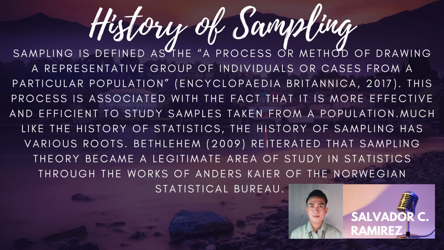According to Bethlehem, sampling theory became a legitimate area of study in statistics through the works of Anders Kiaer of the Norwegian Statistical Bureau. So Anders Kiaer is actually the one who developed the representative method. So we are going to give him all the credits on how the representative method or sampling was created.